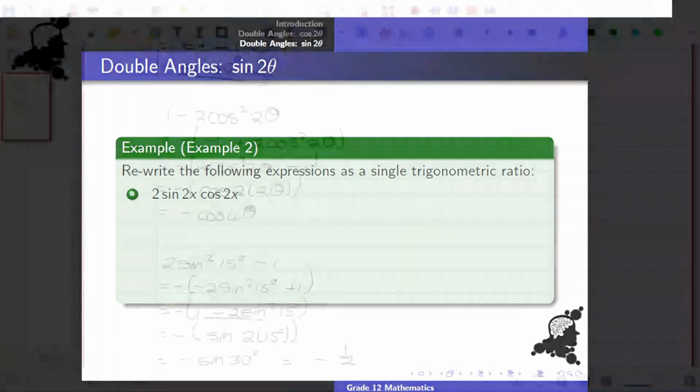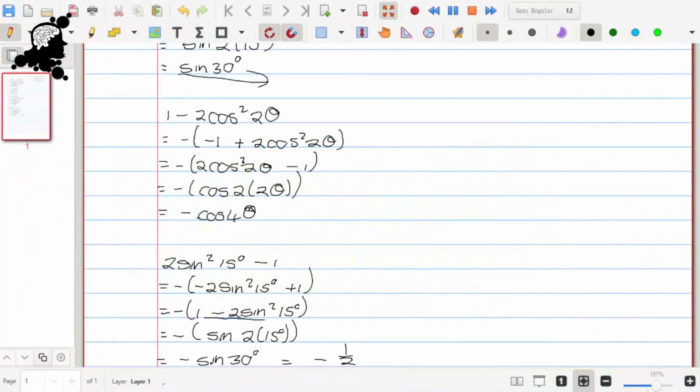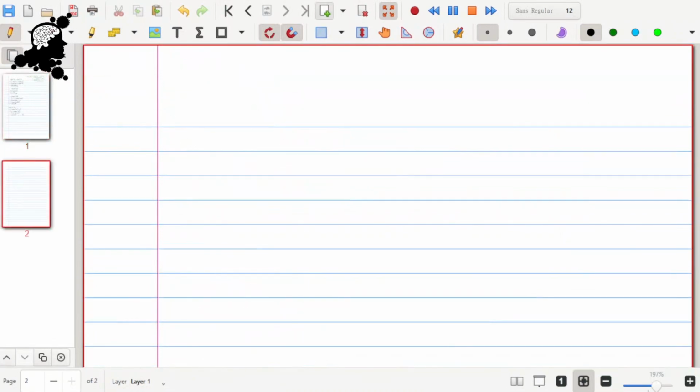Right, let's go to our writing pad. Let's open a new sheet of paper. The question we are dealing with is 2 sine 2x cos 2x. Once again, let me write down my double angle identity for sine right there. Sine of 2 theta is going to be 2 sine theta cos theta.